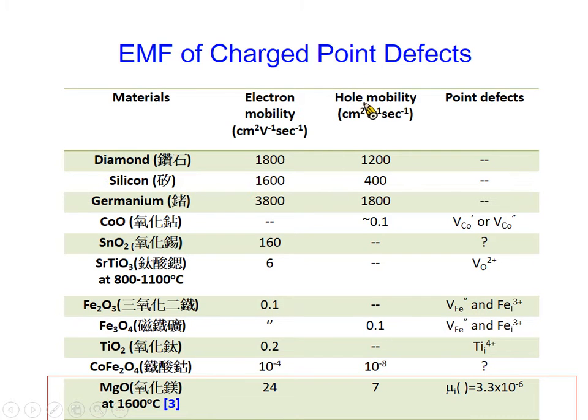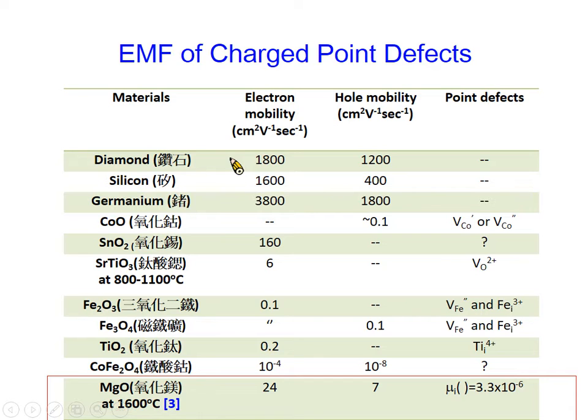How about the Hall mobility? Hall mobility will go from very high to very low. Here is one interesting issue that you see. The electron or Hall mobility for diamond is very high, right? But why is diamond an electron insulator? Because what?